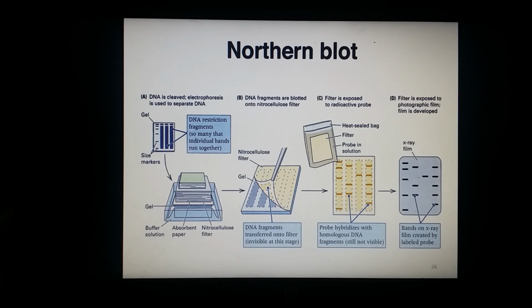I have shown you what that membrane looks like. The third step is that the filter is exposed to the radioactive probe. We have seen that. The probe hybridizes with the homologous DNA fragments, still not visible. And the last step is that the filter is exposed to photographic film, and the photographic film is developed. You can see the X-ray film is marked in the last step, and the bands on the X-ray film are created by the labeled probes. So the labeled probe creates the bands. This is the entire process of northern blotting.